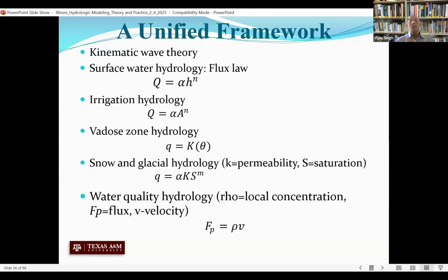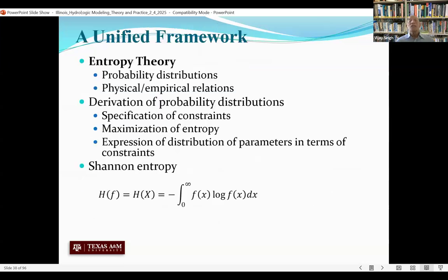The same principle actually applies to snow and glacier melting, and also we can do it for water quality hydrology. Now, of course, the entropy theory, as I showed you, has two types of problems that we have.